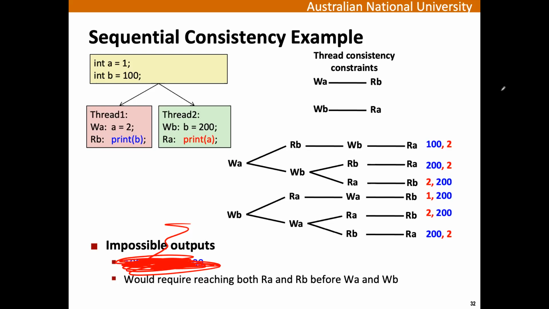Here you get 102. What does it mean? If thread 1 prints 100, then it must have executed the write.